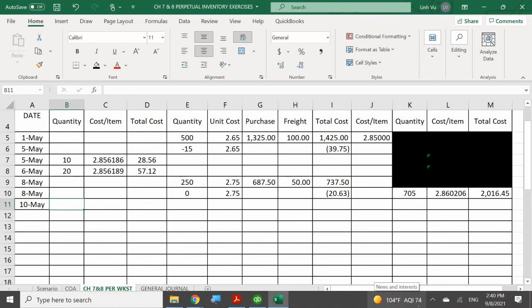We sold 30 mugs at what cost? At 2.860206.